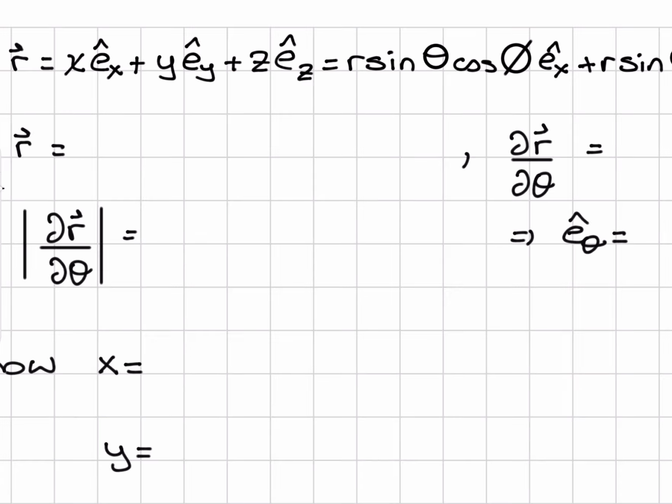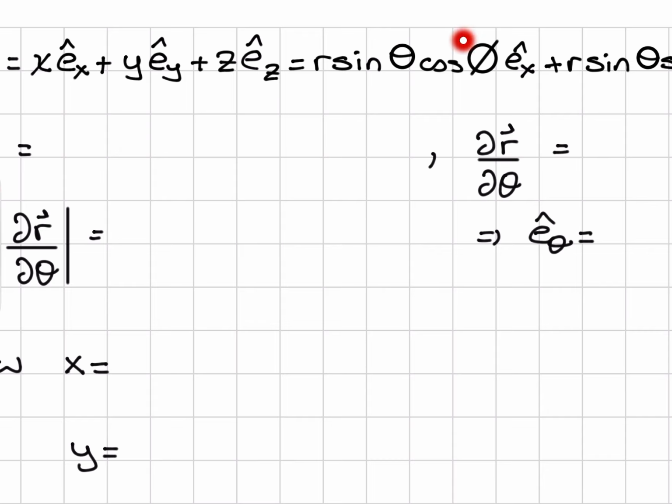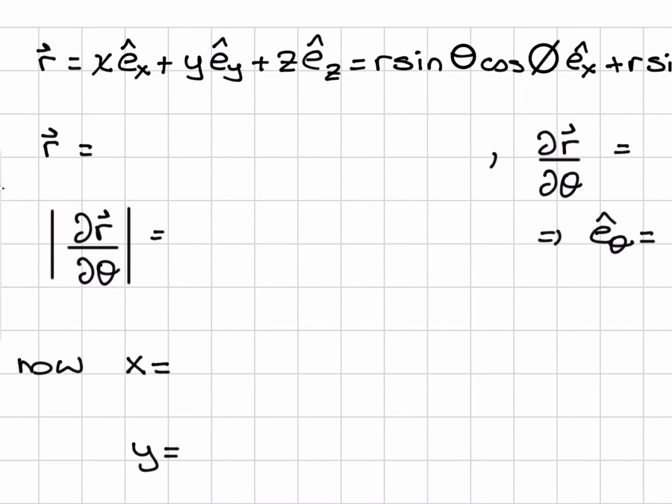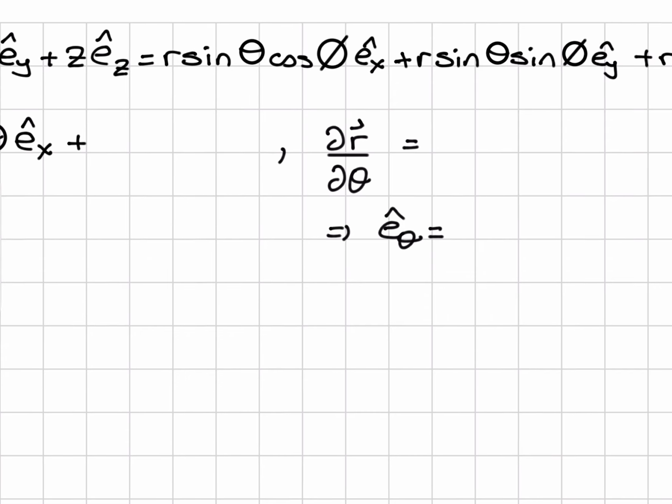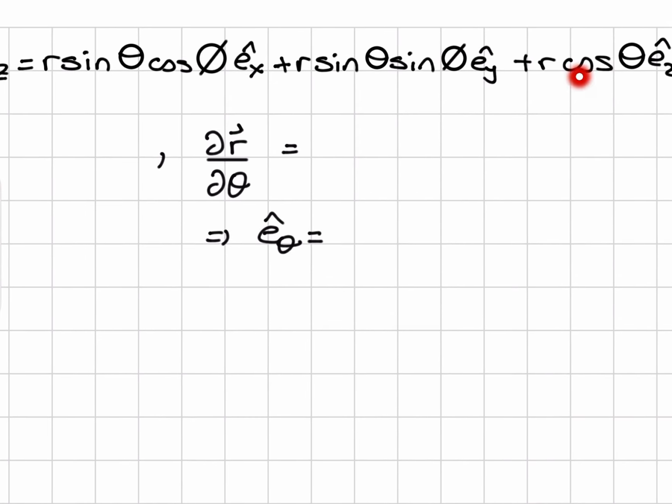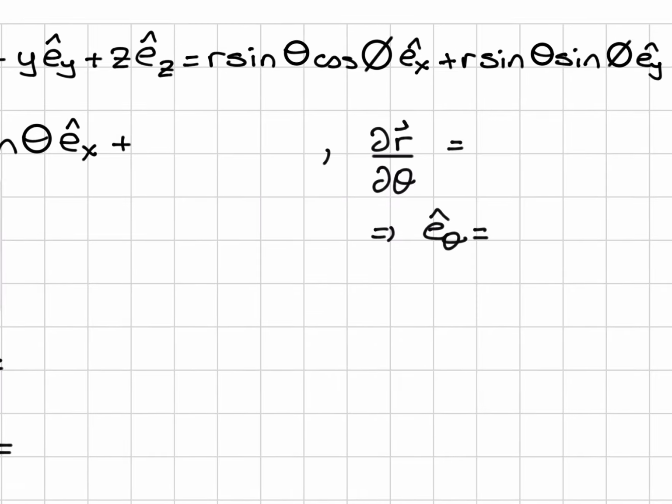Okay, so our position vector with phi equal to 0 degrees is going to become, because cosine 0 is 1, r sine theta ex hat, plus, sine phi is 0, which means this term is 0, but we have r cosine theta ez hat.